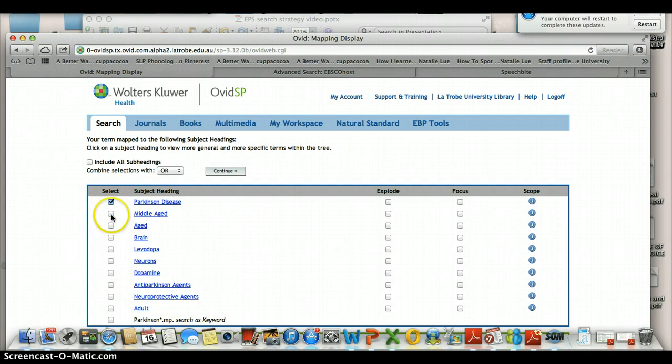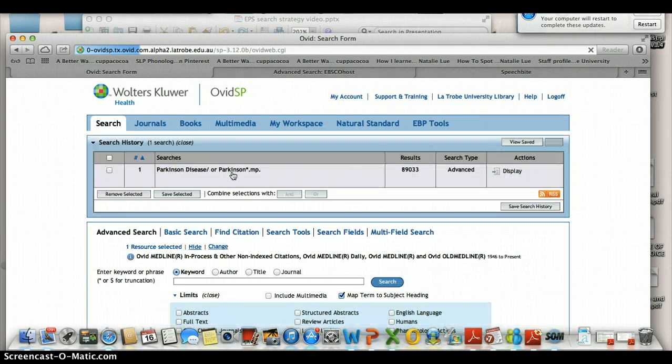And we can click Parkinson's disease and Parkinson as the keyword. So that's our first search term. Then I'll put in speech therapy.